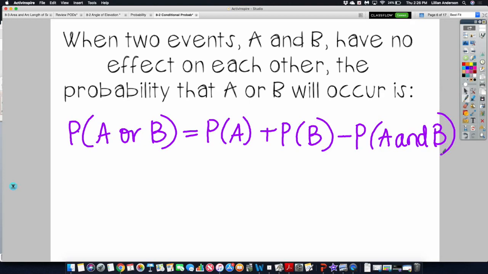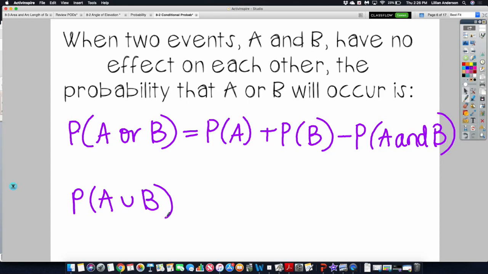There are symbols that are associated with the word or and the word and. So I am going to rewrite this using the symbol notation, because there are a few problems in our whiteboard practice that are going to involve the symbol, and I don't want you to be confused. The word or can be written with the U symbol.